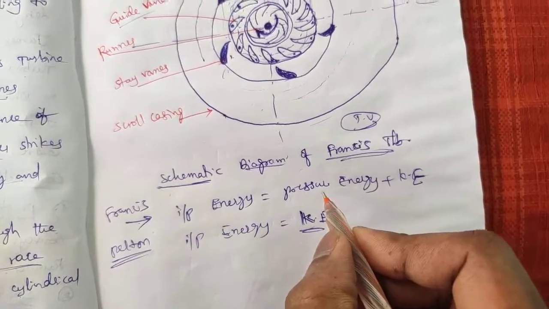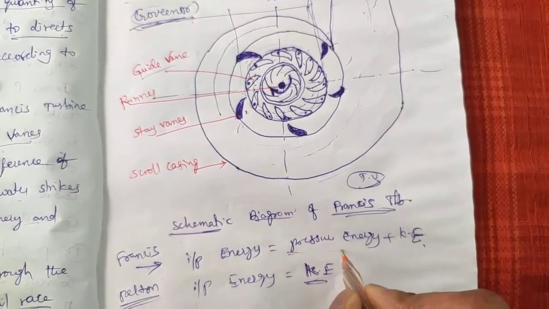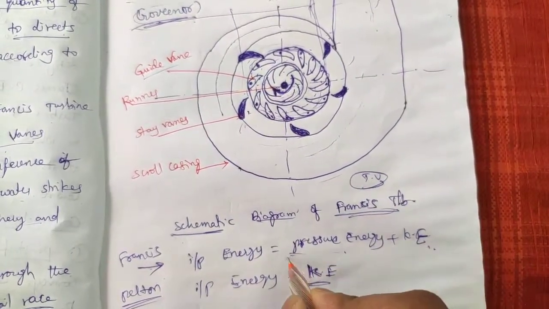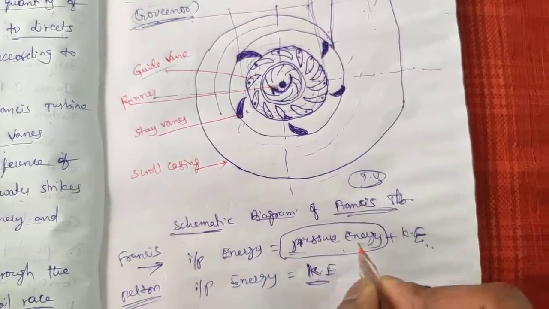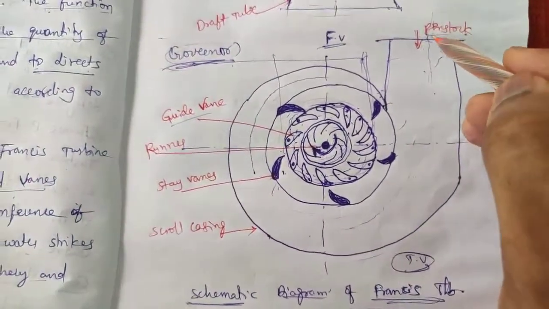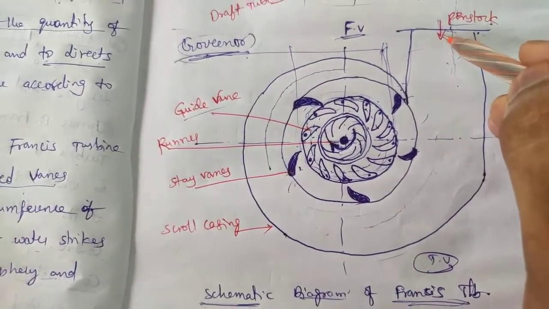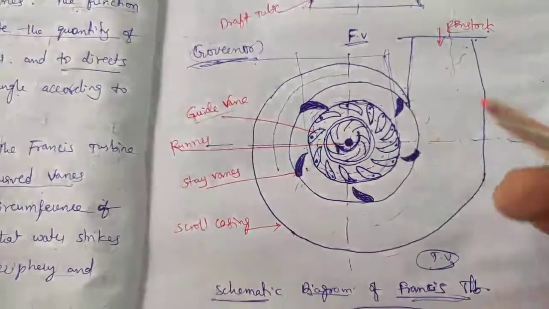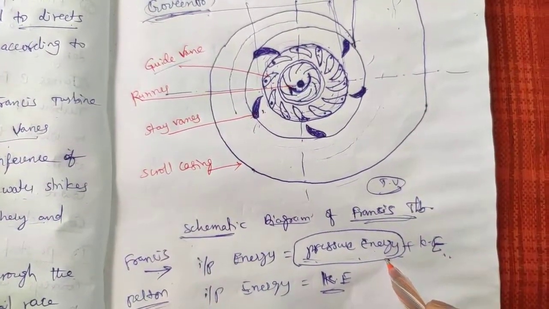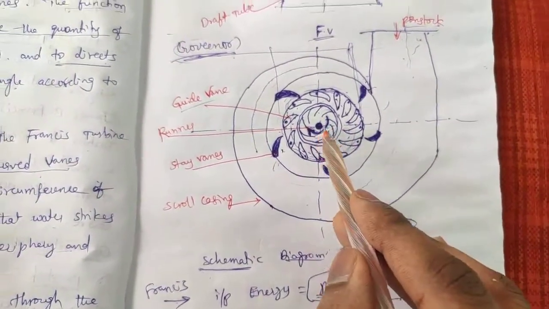So the Francis turbine runs on these two energies, pressure energy and kinetic energy. Of these two, most of the energy is pressure energy. Whatever kinetic energy the water has, the scroll casing converts the kinetic energy to pressure energy. This pressure energy is used to produce the rotational moment of the runner.